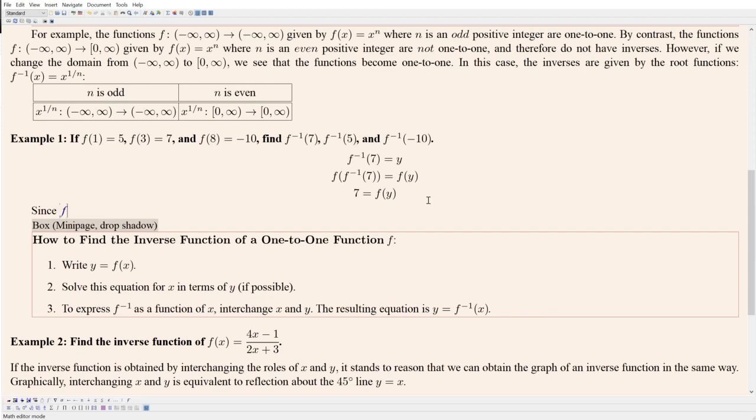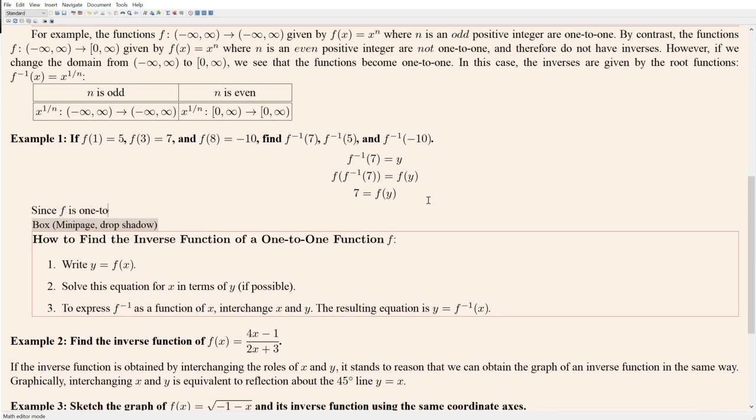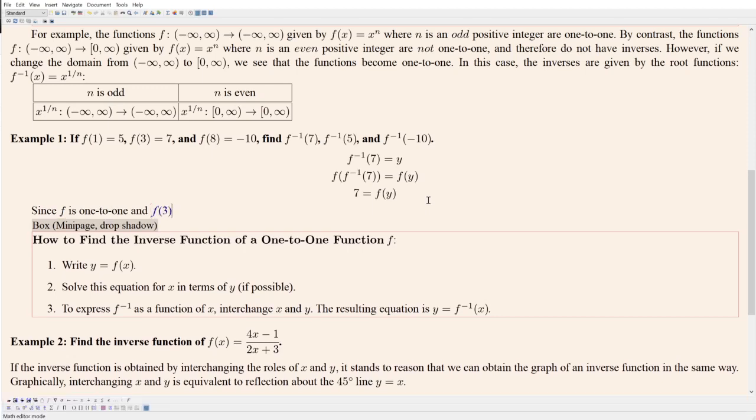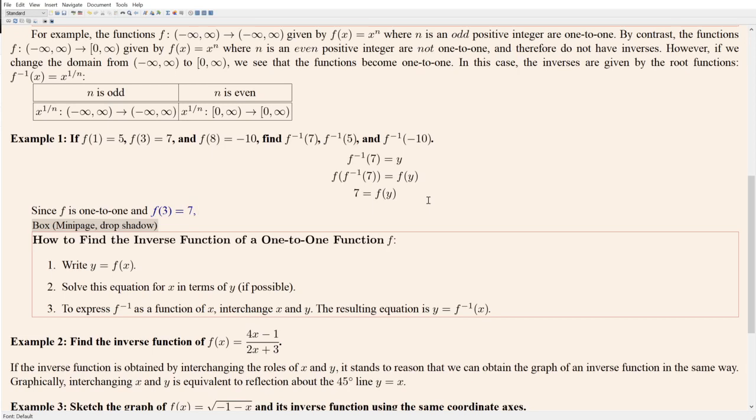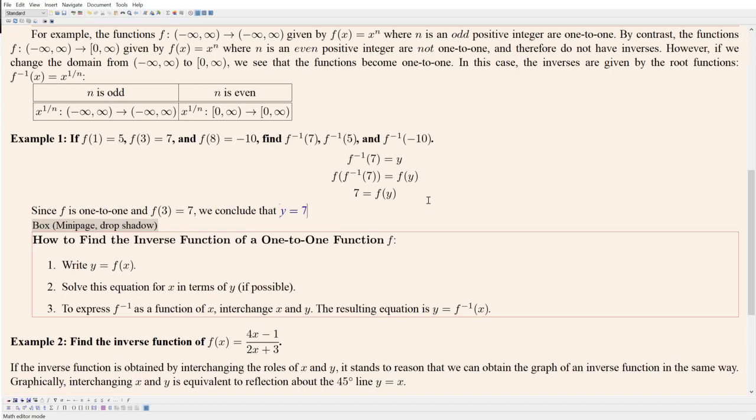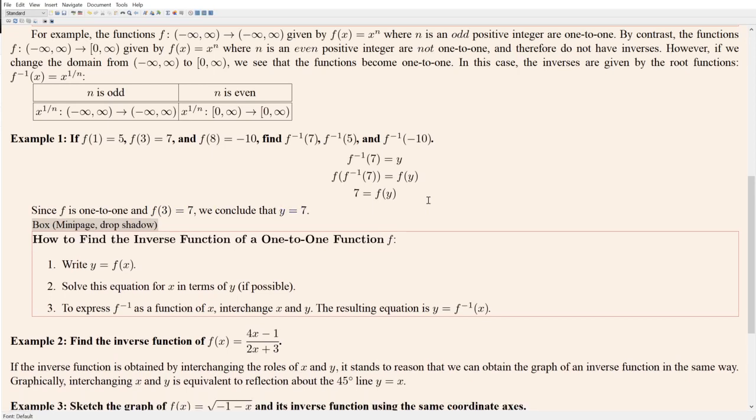So since f is 1-to-1 and f of 3 equals 7, we conclude that y has to equal 7 as well.